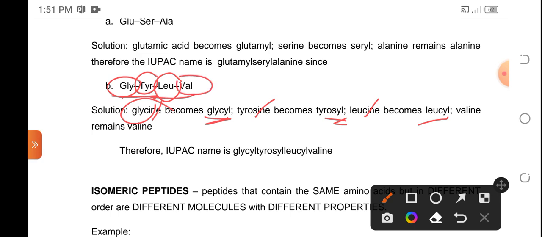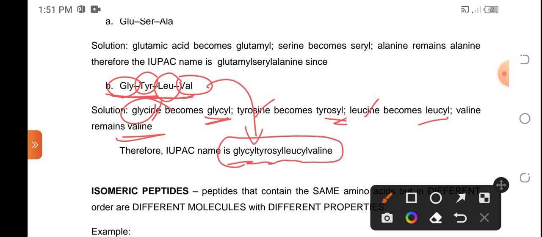And valine, since it is the last, remains valine. So, unchanged. So, ang IUPAC name ng tetrapeptide na ito ay glycyl, tyrosyl, lucyl, valine. So that is the name of the peptide given. Okay?